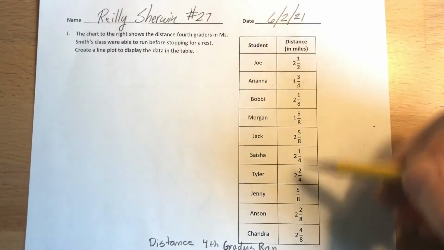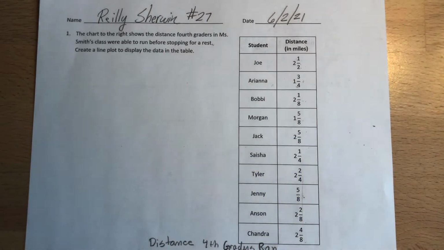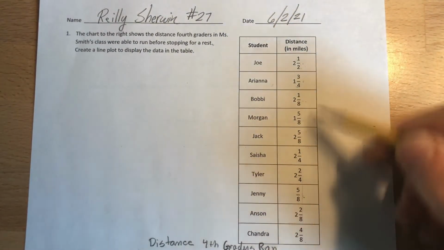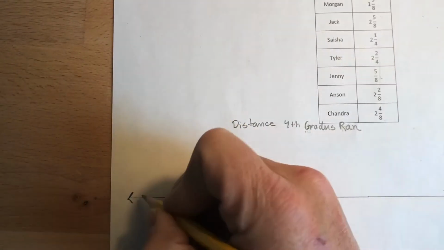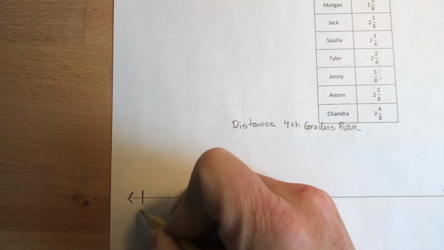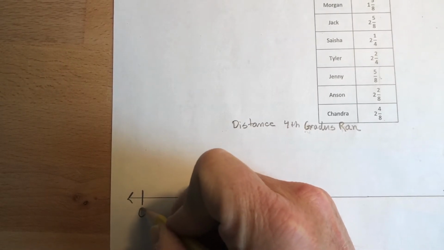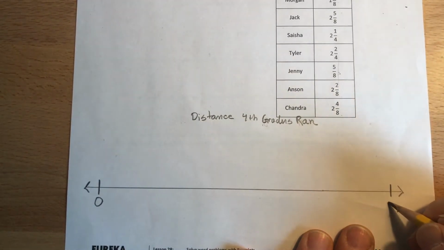There's a few lower ones. Look at this one's 5/8. This one's really low, so I need to start way low. And none of these go above 3. So I know my starting point will be down here as 0. So I'm just going to label this as 0, okay? And my ending point over here is going to be 3.